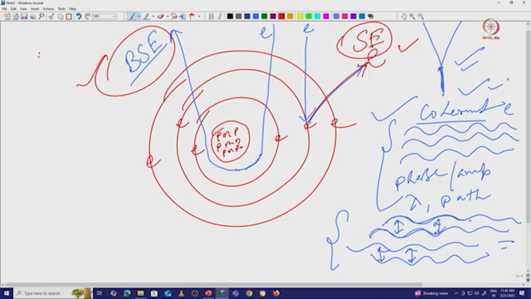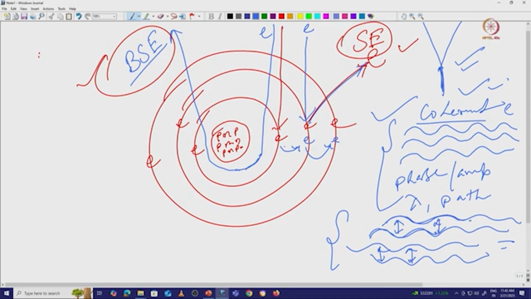Now, if an electron comes here and hits somewhere here, this electron is displaced from its actual position and goes to another orbital, either here or here. In this case it does not have that much energy, or it cannot displace this electron from this atom and throw it completely out.